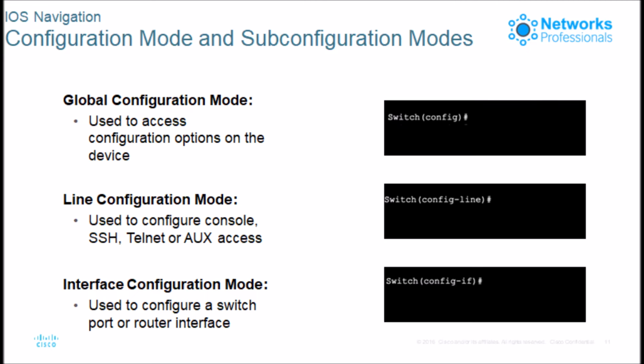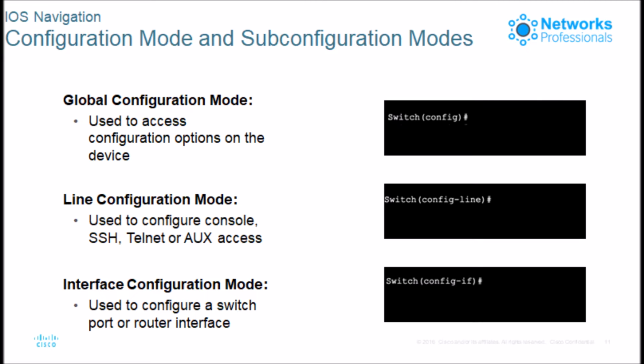Each of these modes allows the configuration of a particular part or function of the iOS device. Two common sub-configuration modes are: number one, line configuration mode, used to configure security or passwords on console or aux ports, and also used for telnet and SSH configuration.